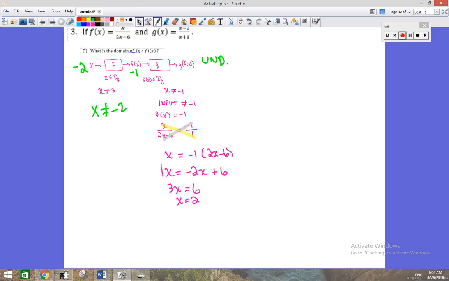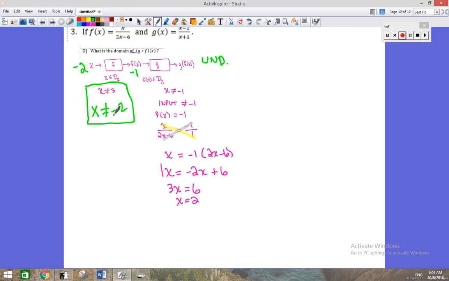Alright, so we have both of these restrictions to consider when writing the domain of our function composition g composed with f. We knew that x could not equal 3 because that was easy, looking at the domain of f. But it's not always quite so clear to all students why we're excluding 2.